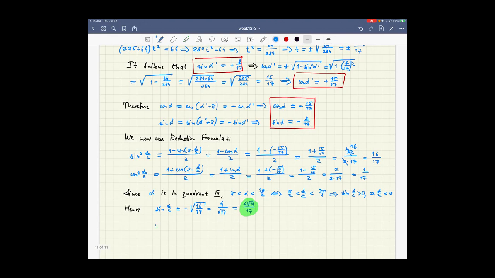And cosine of alpha over 2 is the negative root of 1 over 17. That is negative root 17 over 17.